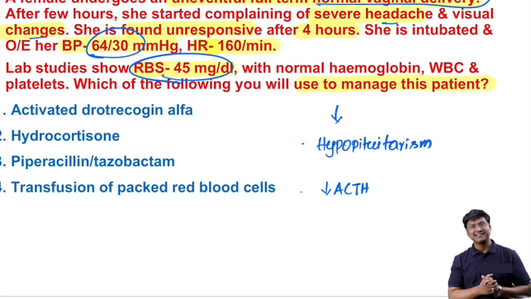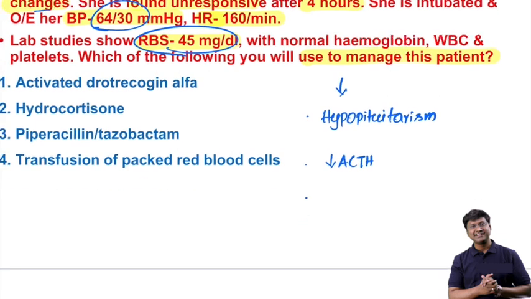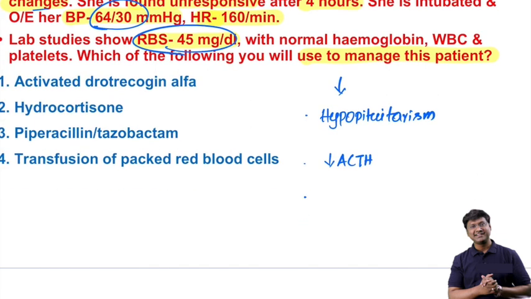The severe headache would be because of pituitary infarction or pituitary hemorrhage. Visual changes are also because of your pituitary hemorrhage. Now, when you are suspecting hypopituitarism after a normal vaginal delivery, what will you be thinking of? It is Sheehan syndrome.